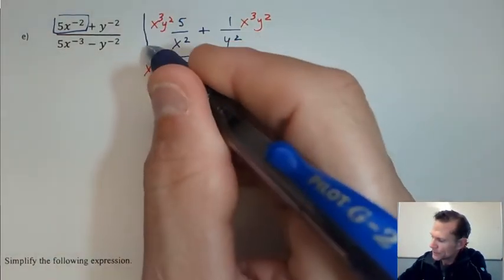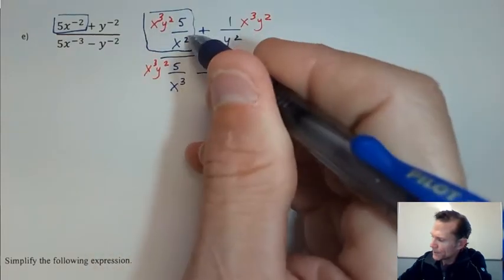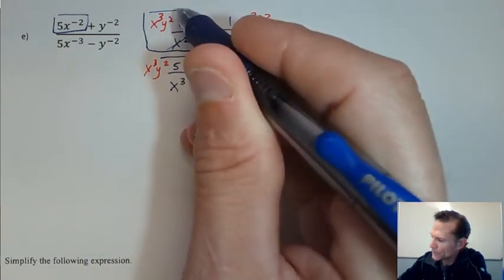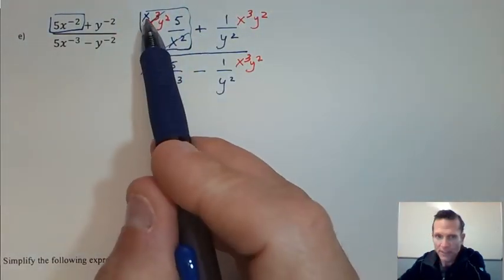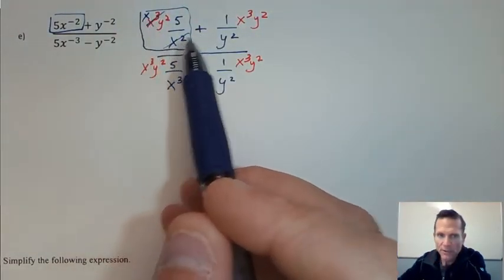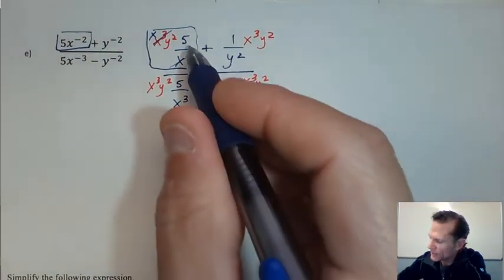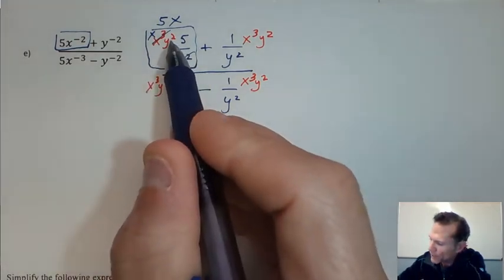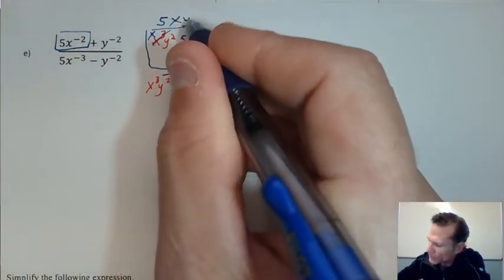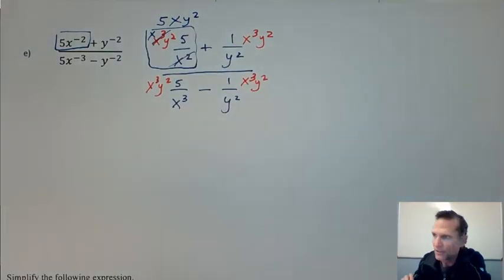So in this sector, the x squared cancels, and I have x. A little messy there, keep track of that x. So what's left in this sector is just 5x. Oh, and I almost missed my y squared, 5xy squared. So see, having the good eyes there, okay?